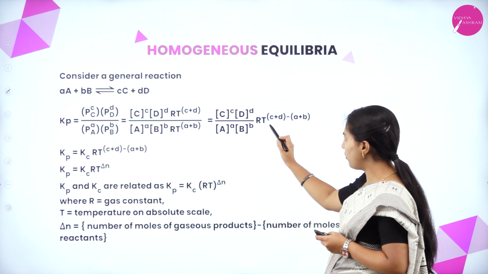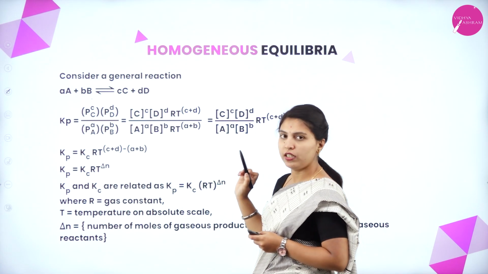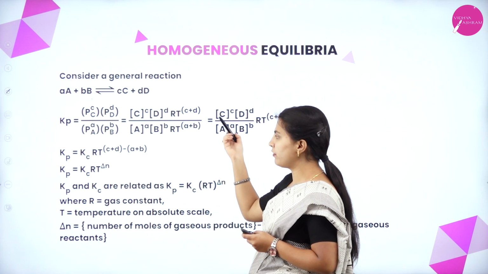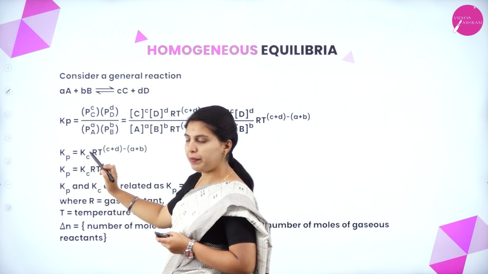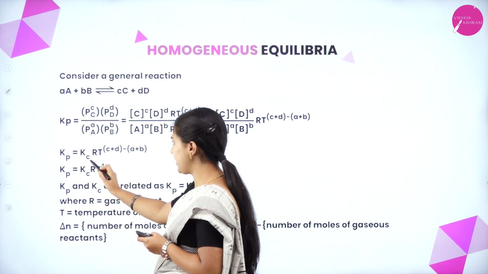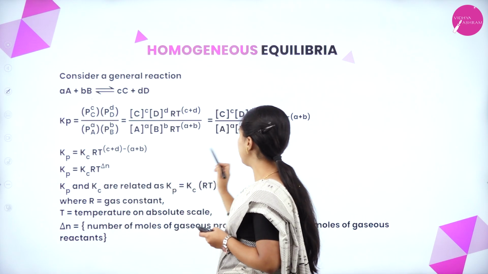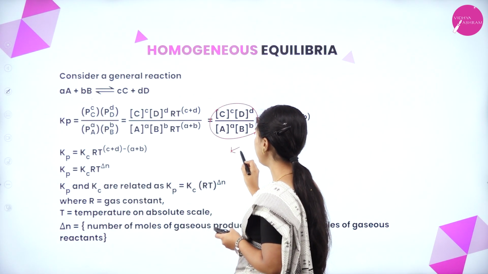RT is taken common, with exponent c plus d minus a plus b, because the denominator has been taken to the numerator, and that time this positive sign will become negative. See here, the equilibrium constant at partial pressure, Kp, equals Kc into RT to the power c plus d minus a plus b. This whole thing is represented as Kc.